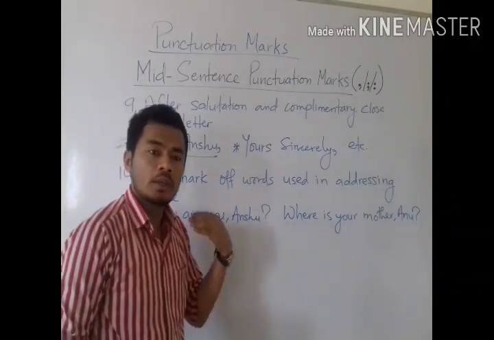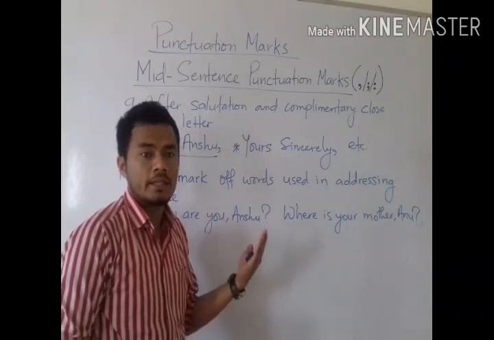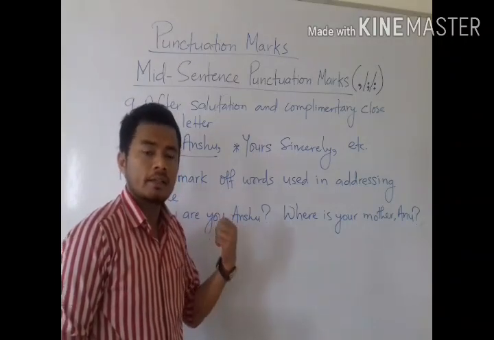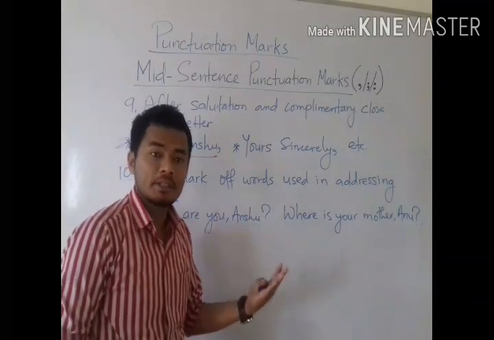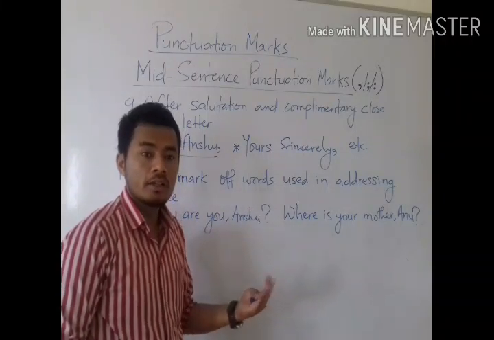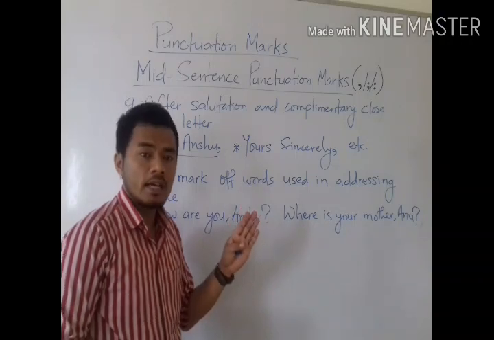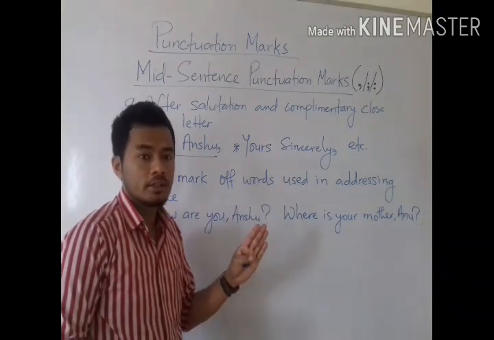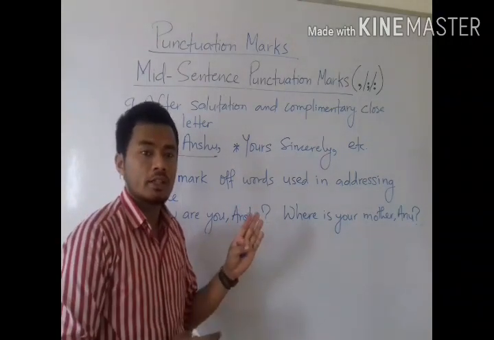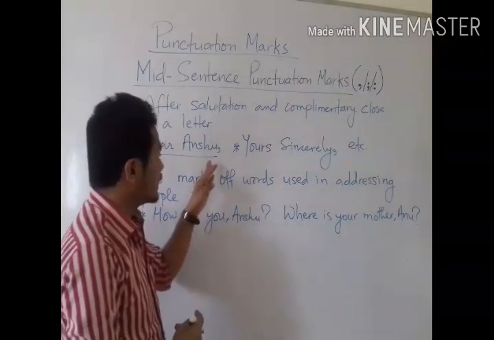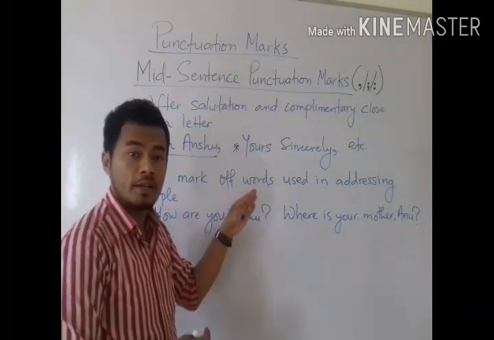After dear, we write someone's name to whom we are writing the letter, right? Like dear father, dear mother, dear Ansu, dear uncle. So after that salutation, after the name of that person, and before the body of the letter, we put comma. Okay, like dear Ansu, comma, dear father, comma, like this.